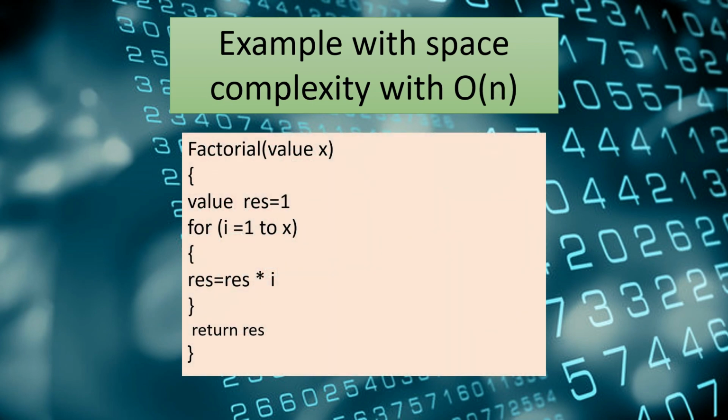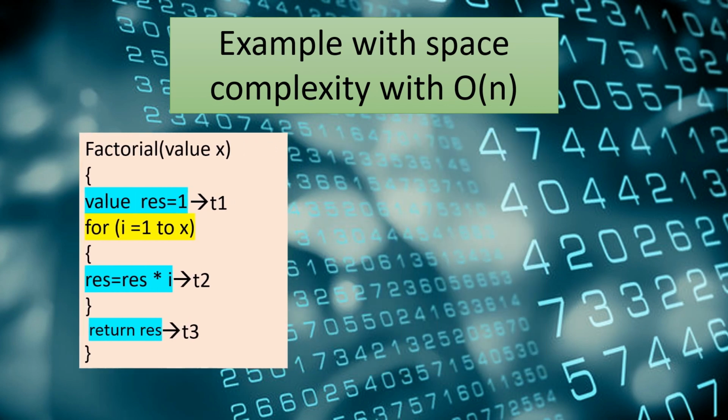Let us take a factorial program as another example. Step 1. Identify the operations performed and if there are any iterators. We can see that there are 3 operations and 1 for loop as an iterator. Let us assume the time required are t1, t2, t3 with respect to the operations performed. Let us assume t1 equal to 1 unit.